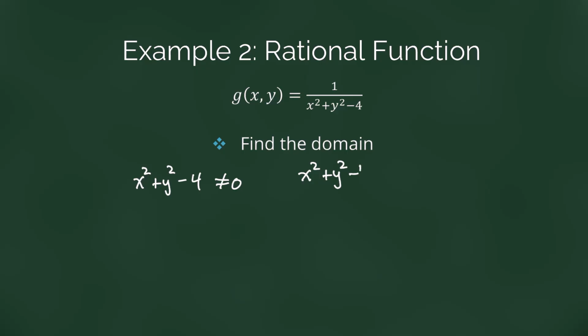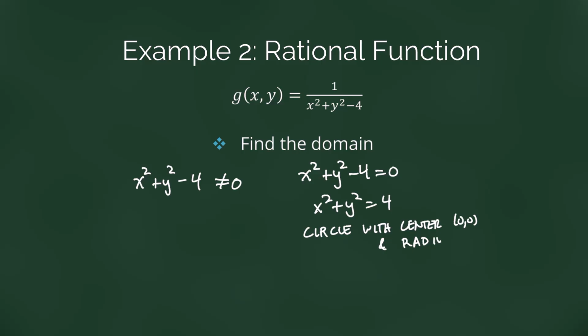That will tell us what we need to rule out from our domain. So when it is equal to 0, we get that x squared plus y squared is equal to 4. And we know that this is a circle with center 0, 0, and radius 2. So our domain is going to be everything except that circle.